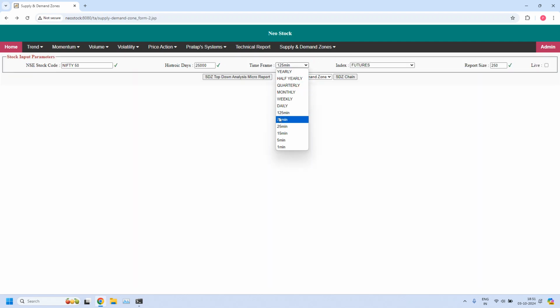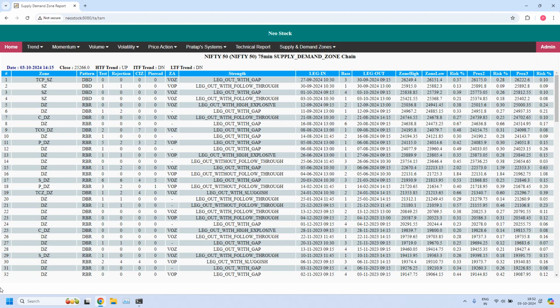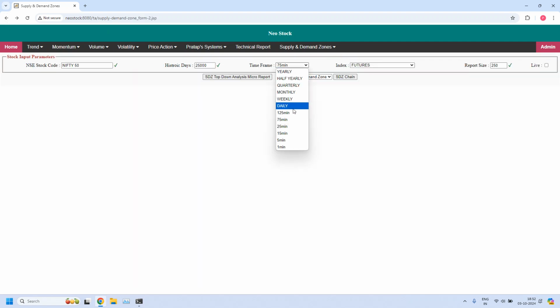Next time frame is 75 minutes, generating the 75 minute chain. The next time frame is 25 minutes, generating the 25 minute chain for NIFTY.